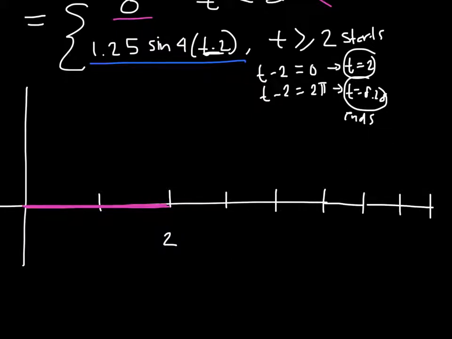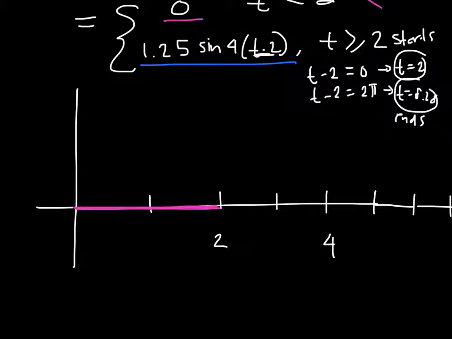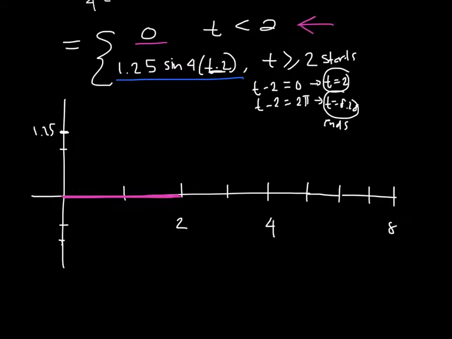It's not perfect, but let's say it's 8.28, but about 8. Our amplitude is 1.25. So our graph is going to look like the following.